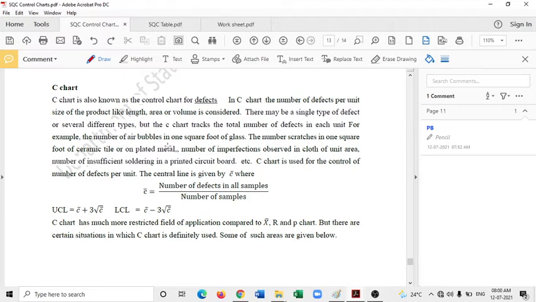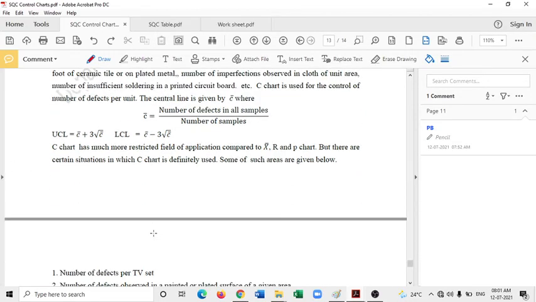So the difference between P chart or NP chart and C chart is that in P chart or NP chart we depend on the proportion of defectives or number of defectives. But in C chart we are counting the number of defects in a unit area, not classifying according to the status of the item. So these are the upper control line and lower control line.